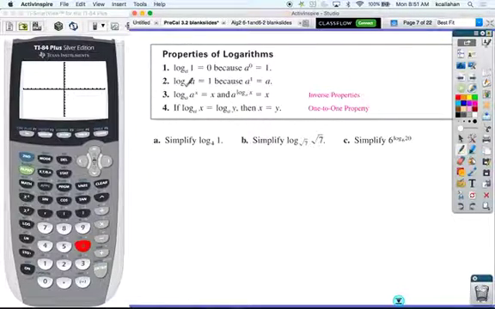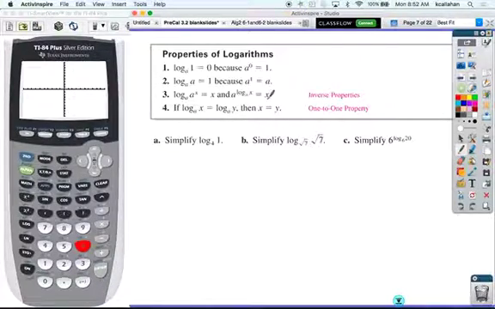The log base a of a equals 1. Basically, if you're taking the log of something which is actually the base of the logarithm, they cancel each other out. If you convert it, a to the 1 equals a, just like saying anything to the first power equals itself.